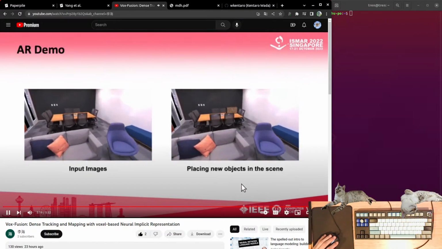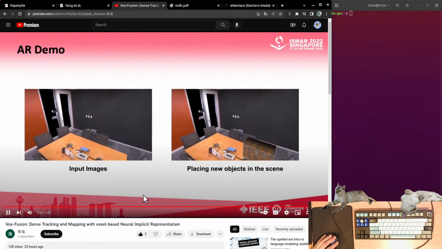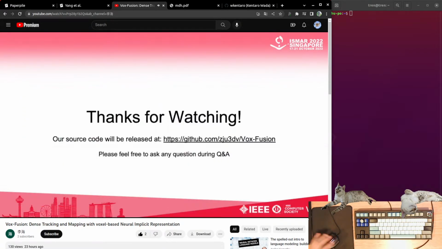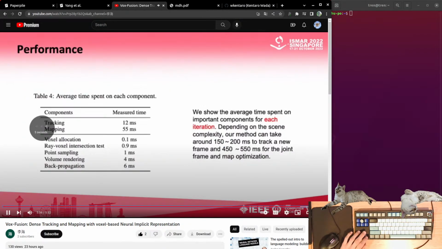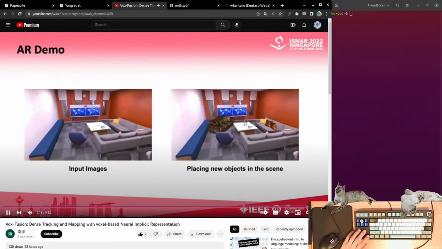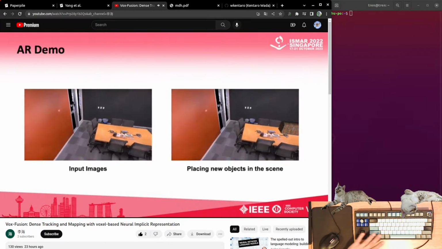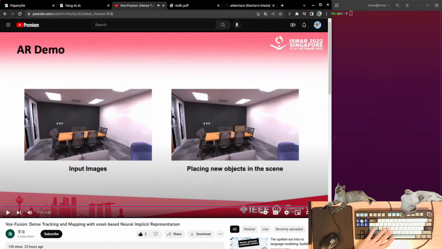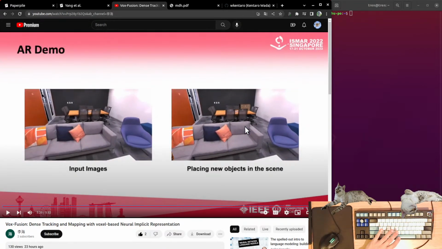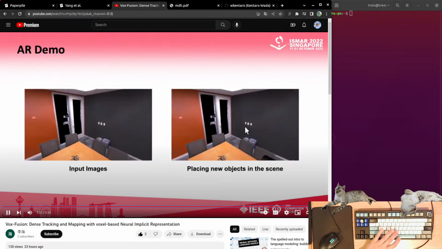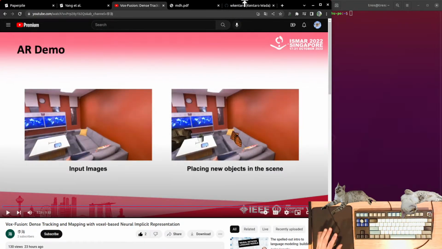Oh. Okay, here you go. Placing new objects. There you go. Look at that treasure chest. Yeah, it really does. The occlusion is nice. Right, specifically there, the chair occluding the treasure chest. That's a very good detail. Nice.